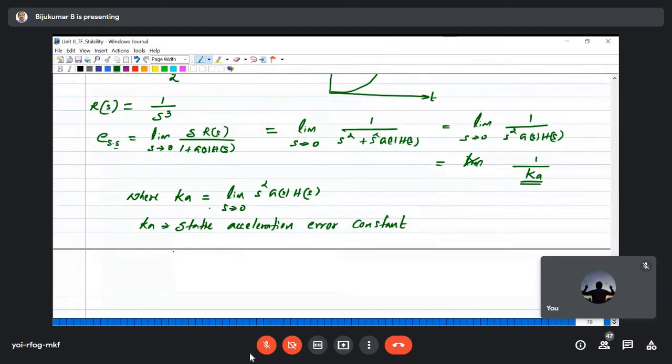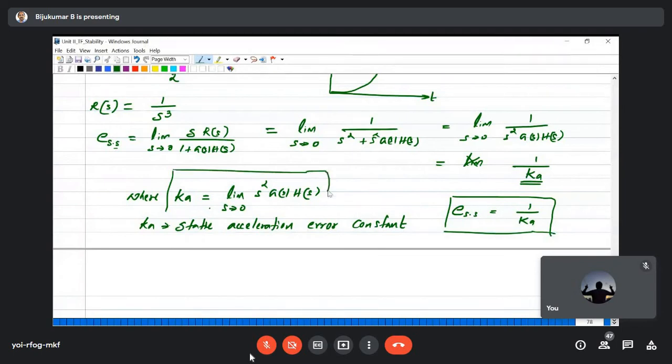So we conclude e_ss is equal to 1 by Ka. This relation you keep in mind.